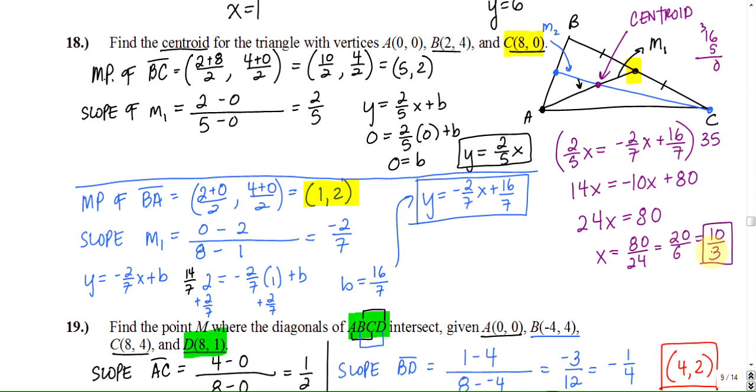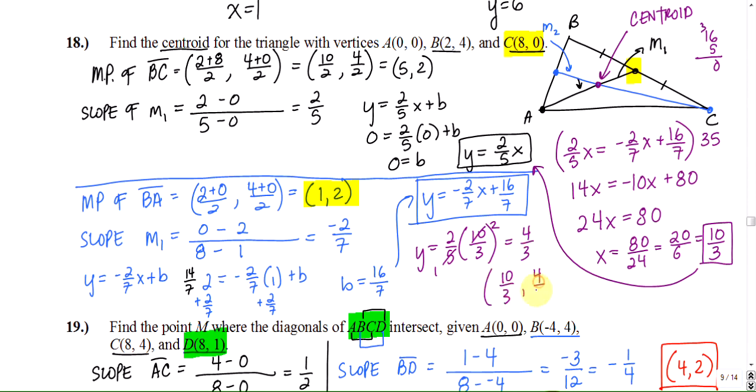So my x value of this point where the medians cross, the centroid, is 10/3, and I'm going to plug that back in, maybe into this equation to find y. Which is 4/3. And so my point is 10/3, 4/3, and that was the hardest problem that we've encountered.